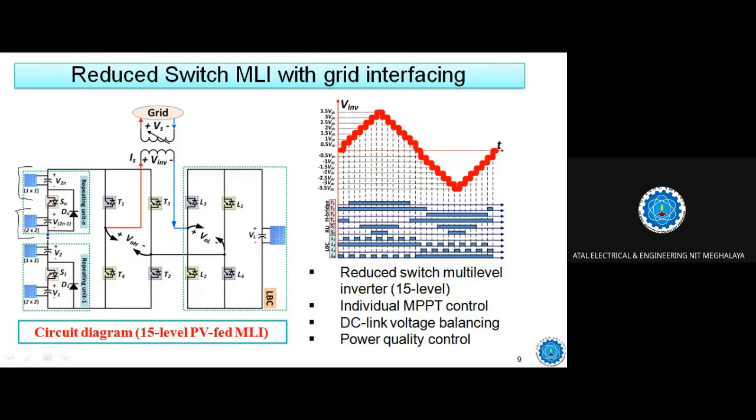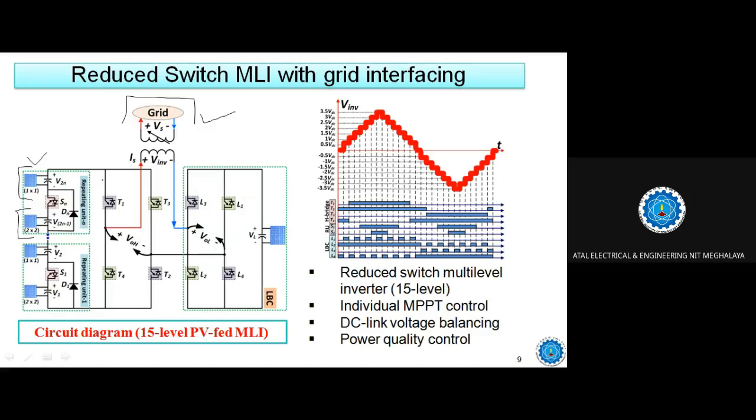It has been connected to the grid and tested in grid connected mode. When you want to test in grid connected mode, obviously you need to focus on maximum power tracking from the PV input side. From the grid side, you need to operate the inverter always at unity power factor, right?